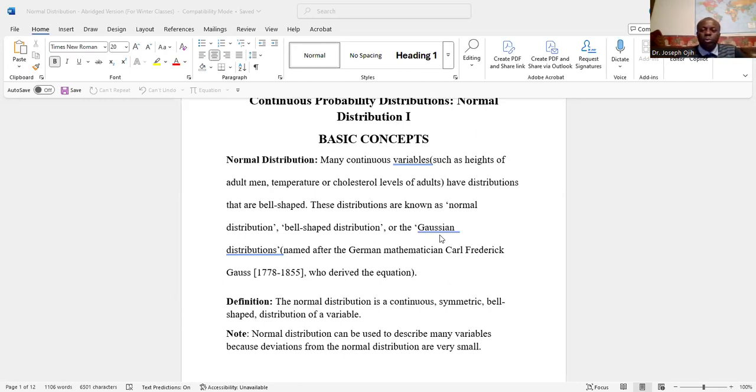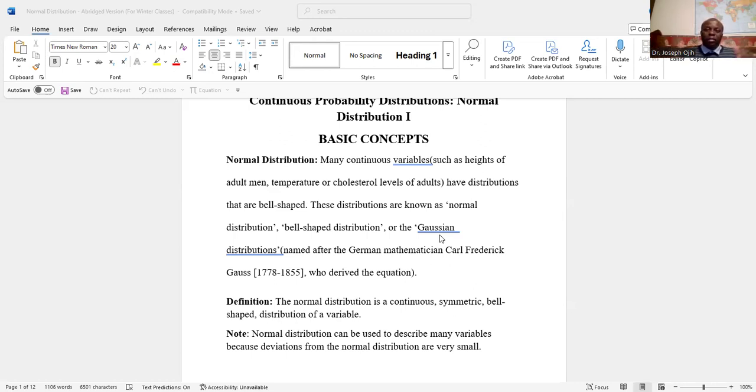So this distribution, we call normal distribution, bell-shaped distribution, or Gaussian distribution, based on the name of the German mathematician Carl Friedrich Gauss, who derived the equation. Take an adult, man or woman: there is a certain height we expect an adult to have.